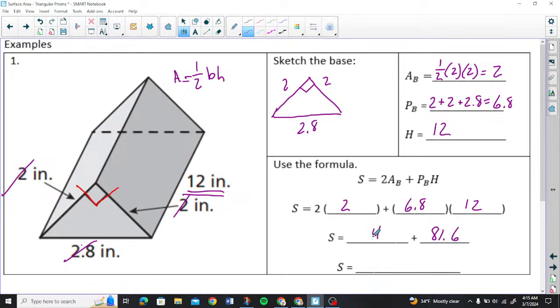Now we add our two numbers together. 4 plus 81.6 is 85.6 inches square. Remember, area is always measured in square units.